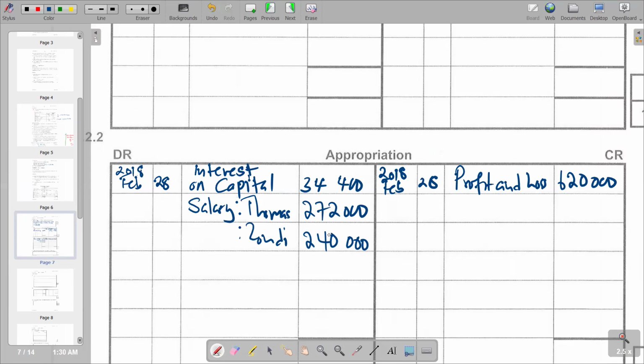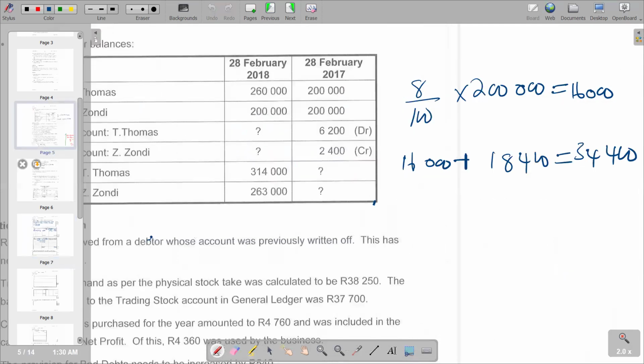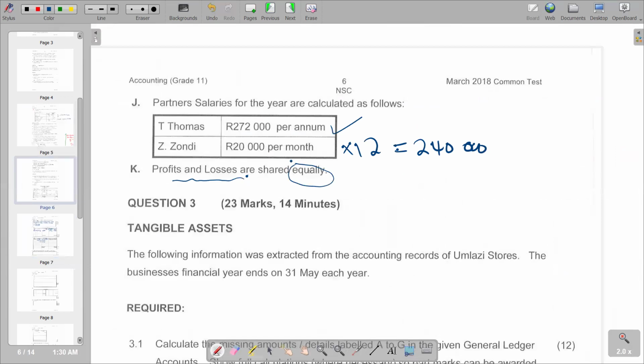So we can now compare the two balances, whereby you say 620,000 is the greater total. It's supposed to come in between the double lines, both sides. And then we now have the share of profits. But if you come here, you'll see that we are told that they are going to share equally. And we have two partners. So it means the difference that we get, we divide by 2.